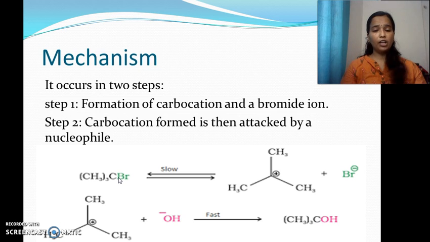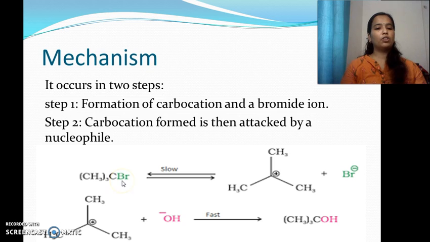So that is why this mechanism is called unimolecular. That is, the rate depends only on the concentration of one of the reactants, that is the alkyl halide, and not on the nucleophile. Even though two reactants are involved here, the rate determining step is the first step, the slowest step.